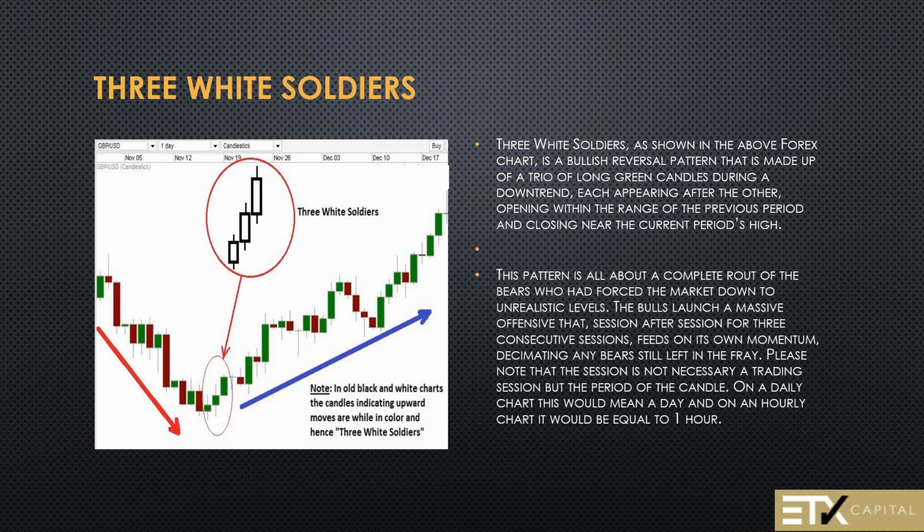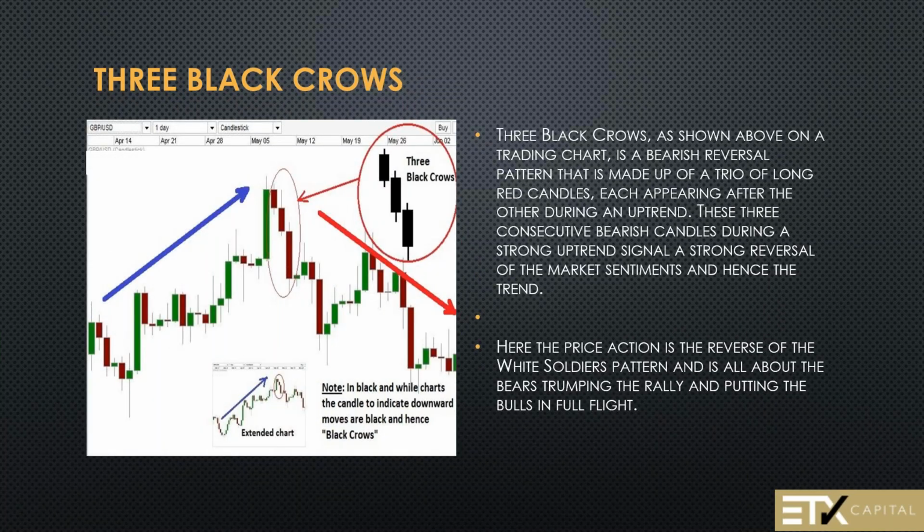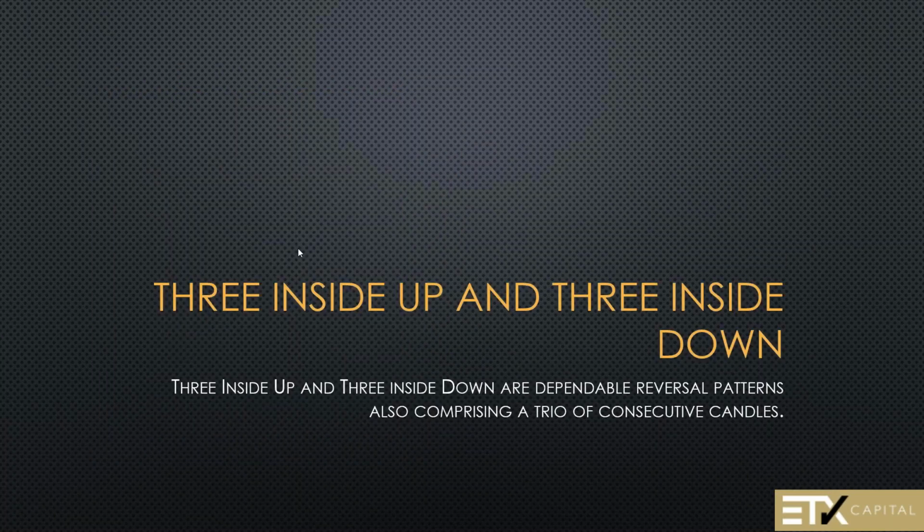You're in a downtrend, and when you see these three candles appear this way, it's telling you that downtrend is over and we're moving to an uptrend. And then the reversal is with the three black crows or the three red crows, whichever we call them. Well, they're actually called the three black crows, and that's the name they've had forever. But you can see they're three red candles. Then we have the three inside up and the three inside down.